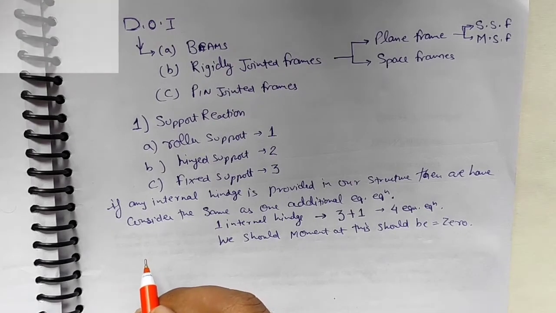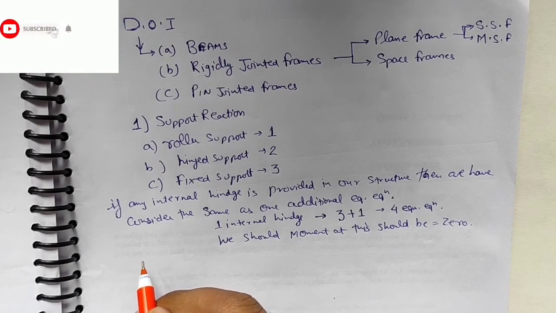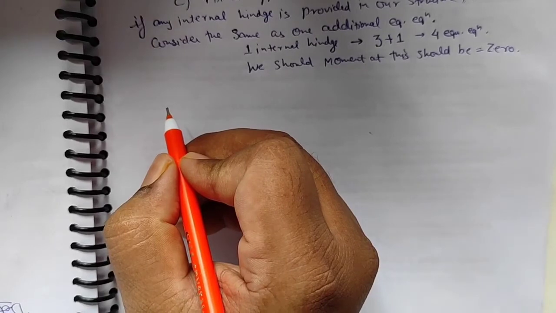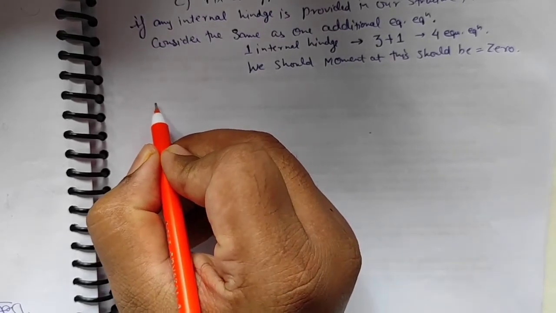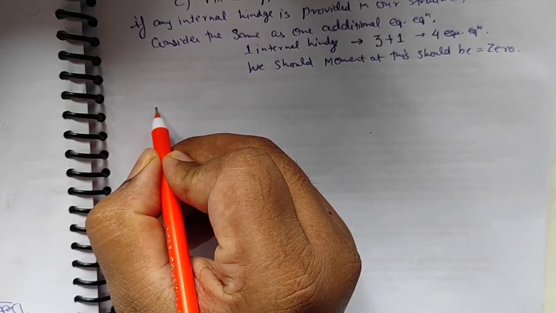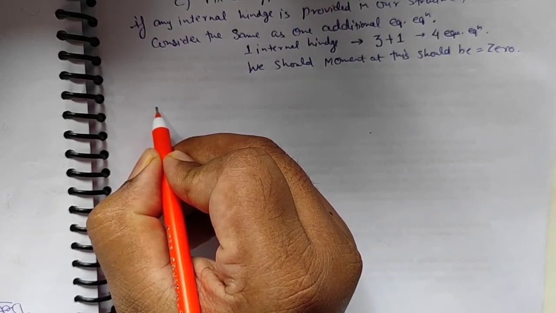So this is the basic concept we should know before we find the degree of indeterminacy. Now let's start solving the basic numericals, or questions with beams, in which we have to find out the degree of indeterminacy.